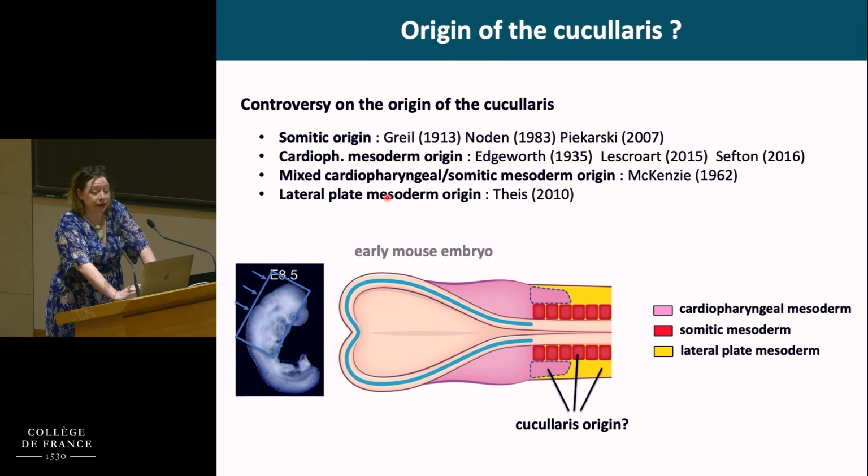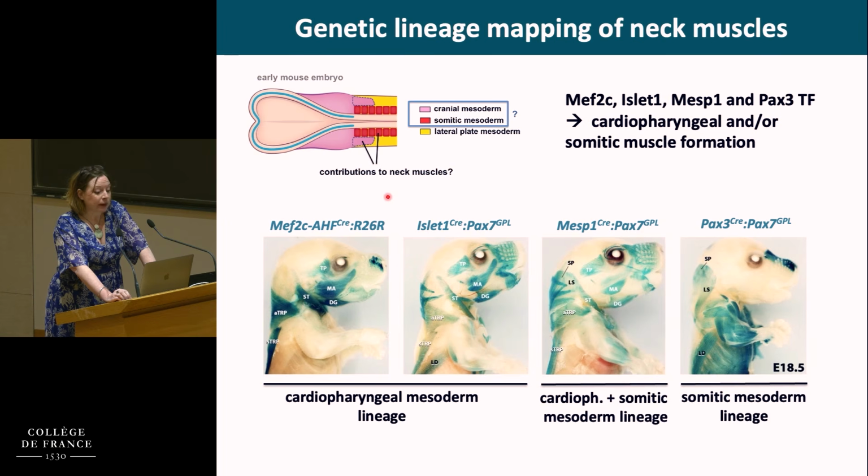So to elucidate the precise origin of neck muscles, I performed an extensive lineage mapping of the different mesodermal populations. And here we have made use of complementary genetic lineage reporters in mouse to map the contribution of MEF2C, ISL1, MESP1, and PAX3, which are transcription factors involved in the early specification of the cardiopharyngeal and the somitic programs for muscle formation.